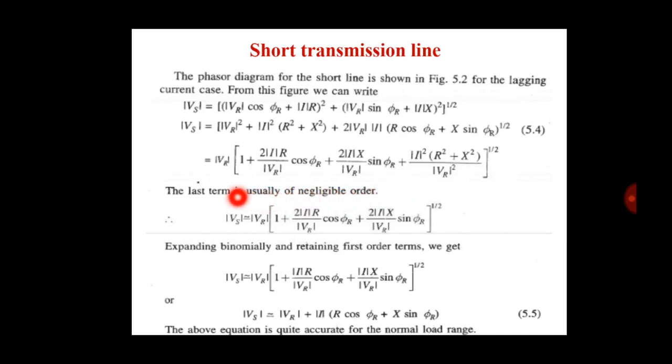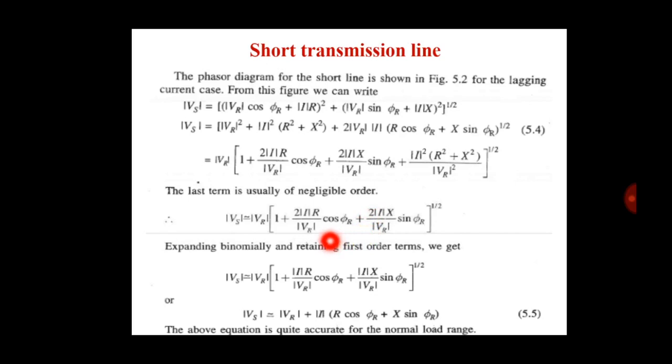Now the last term is usually of negligible order. So we write Vs is equal to VR times the square root of 1 plus 2IR divided by VR cos phi r plus 2Ix divided by VR sin phi r.